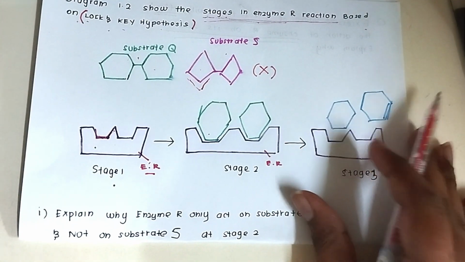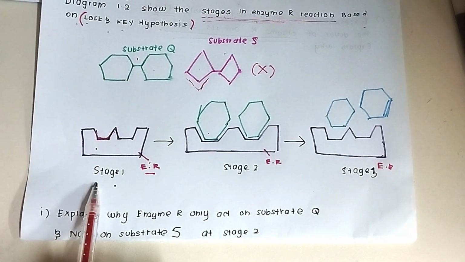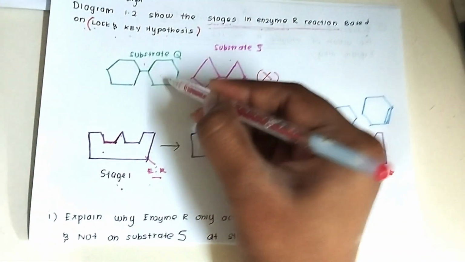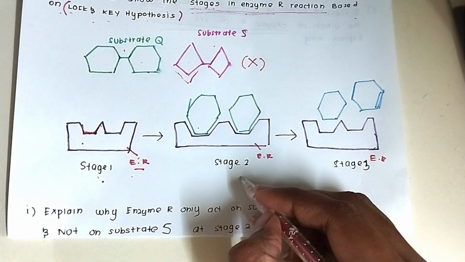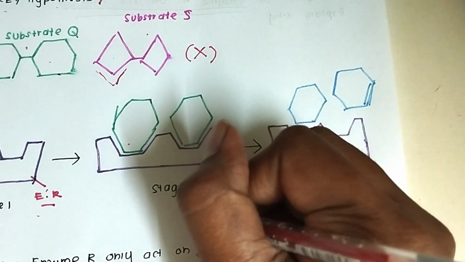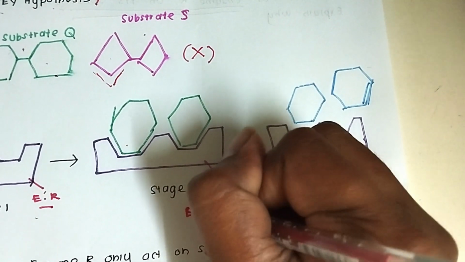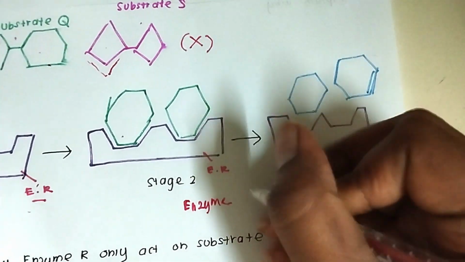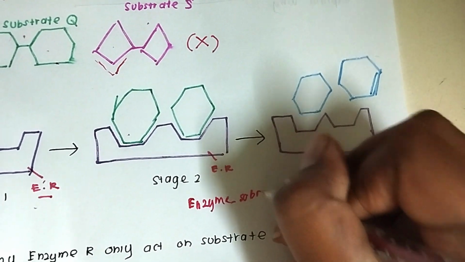First, there are three stages. Stage 1, we have enzyme and substrate. In stage 2, what can you observe? It is an enzyme substrate complex.